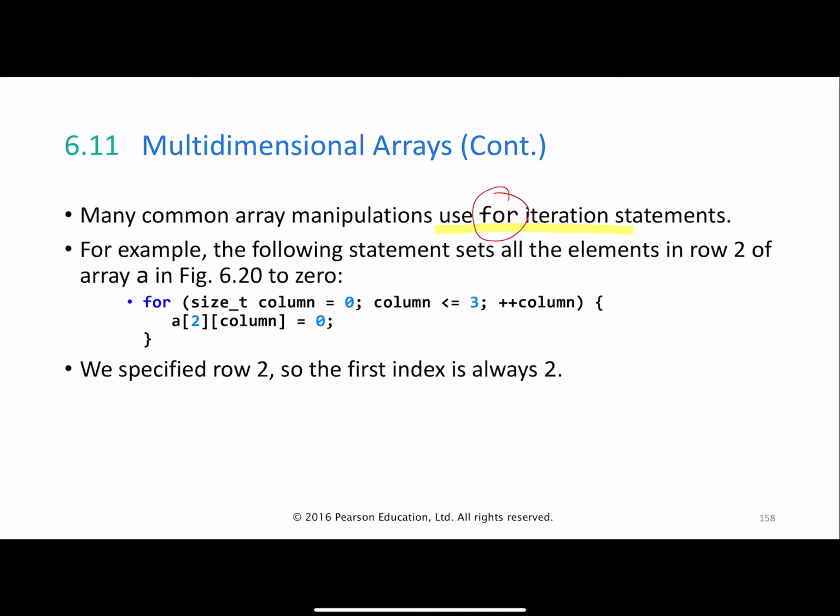So, for example, imagine this piece of code. What is this doing? Well, it is operating on elements of row number 2, and the loop itself starts at 0, goes up to 3.